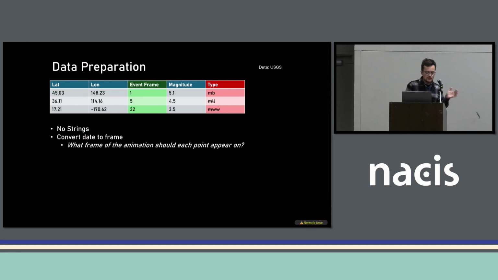For this one, because it's about a year of data, I figured 1 frame would be equal to 1 day. This also works out nicely because if we're animating at 30 frames per second, then 1 second of the animation is going to be about 1 month of time. Depending on the length, you can do an hour or a week. An hour is also nice because then it's about 1 second for 1 day.